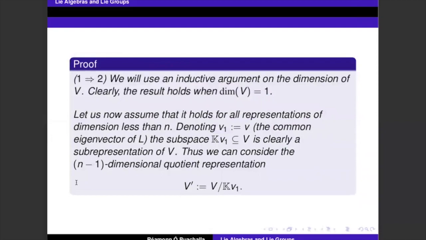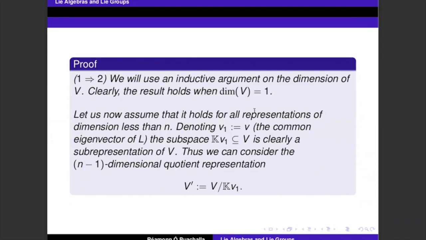So when it's got dimension 1, it's pretty clear. Every 1-by-1 matrix is upper triangular. Done. Let's move on and assume that it holds for all representations of dimension less than n.